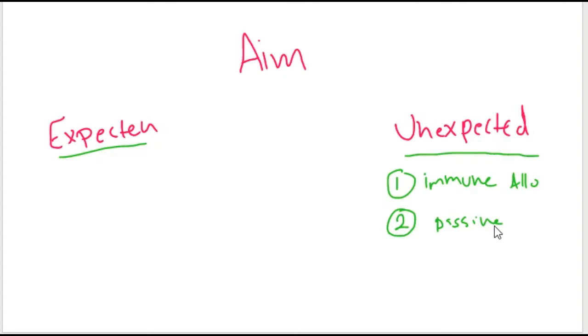The antibody is actually present in the mother, but then it is transferred to the newborn or the fetus when it passes through the placenta. The third category is the autoantibody. In the case of autoantibody, the immune system will start to produce antibody against self-antigen.